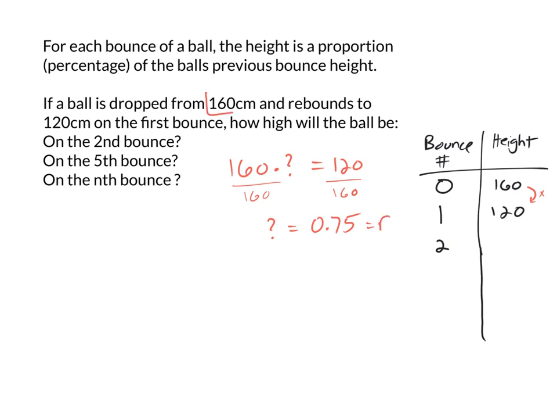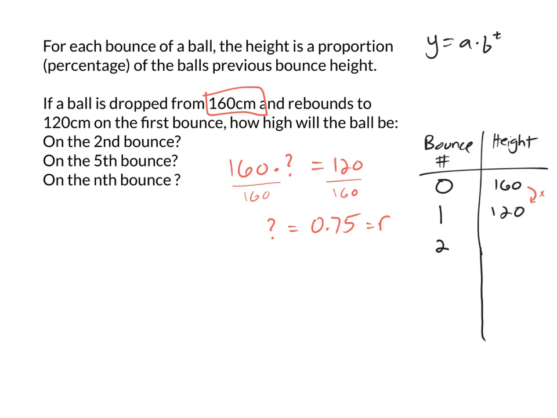And I'm told my starting point, that 160 centimeters. So I'm going to use my special y equals a times b to the t, or the kt. Every bounce, k is 1. My a is my starting point, so it's 160.